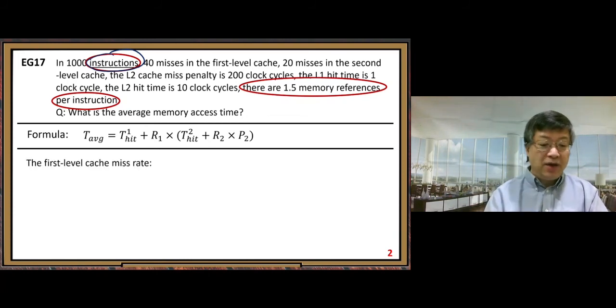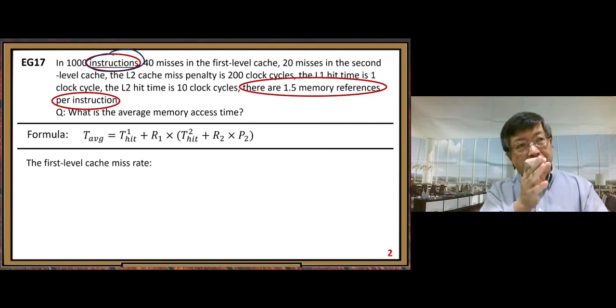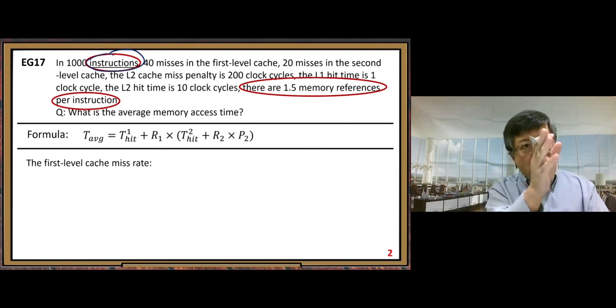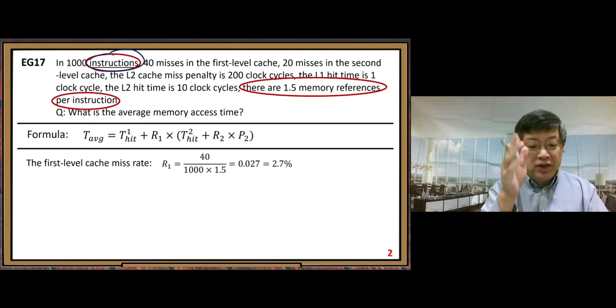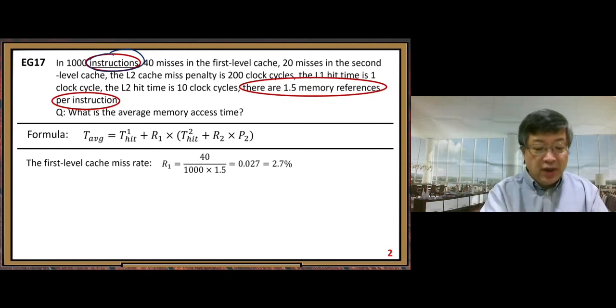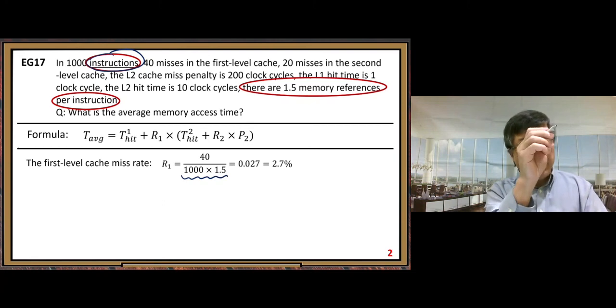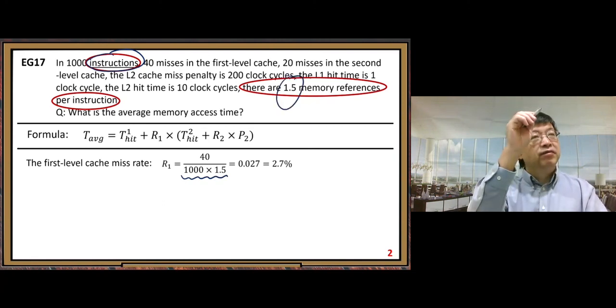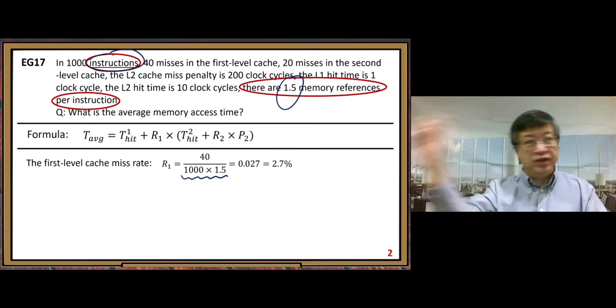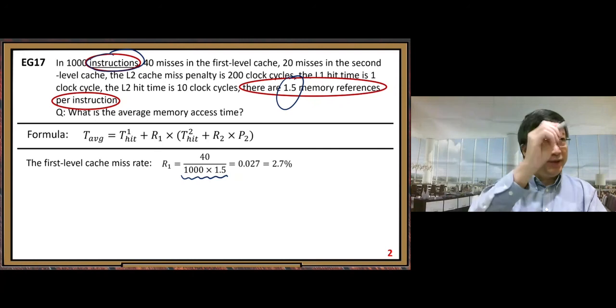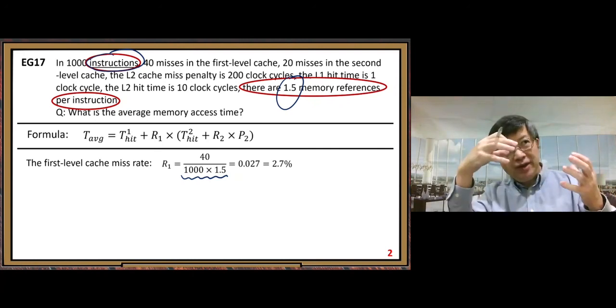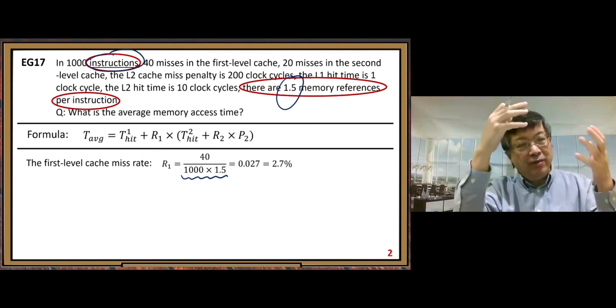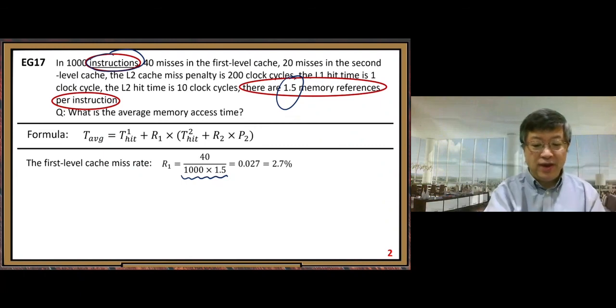Now let me do the calculation. For the L1 local miss rate, R1, when you do the conversion, you take 1,000 instructions and multiply by 1.5 memory references per instruction to scale it to the number of memory references.